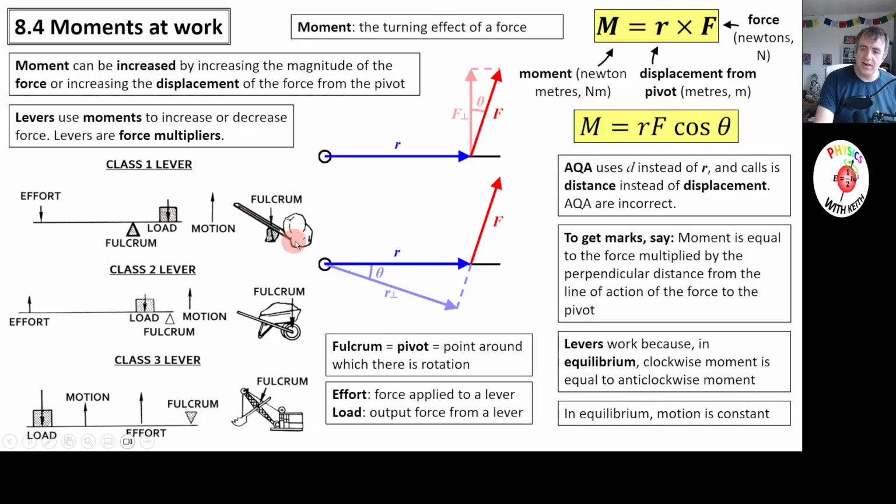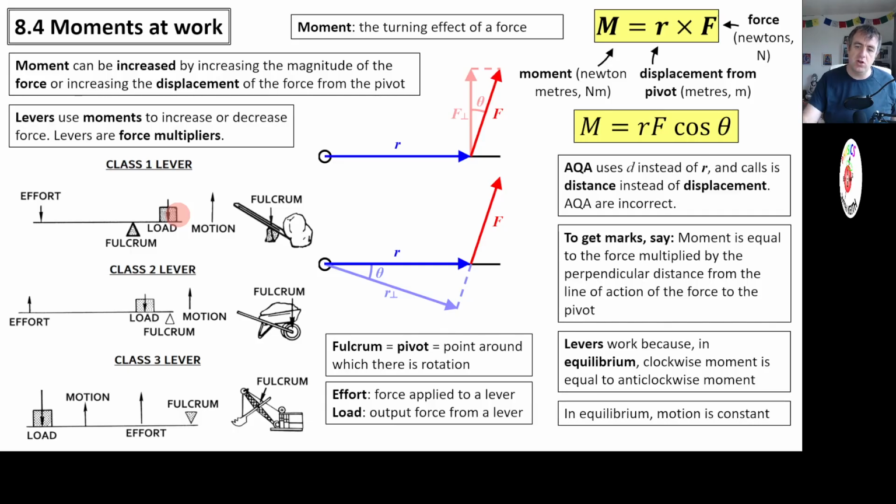If we look at a class 1 lever, let's imagine I want to rotate this beam around this fulcrum such that the heavy mass is elevated. Let's take the simplest case, where the beam is rotating at a constant speed so that the rock is being lifted up. The rock is pushing on the beam, that's the load.